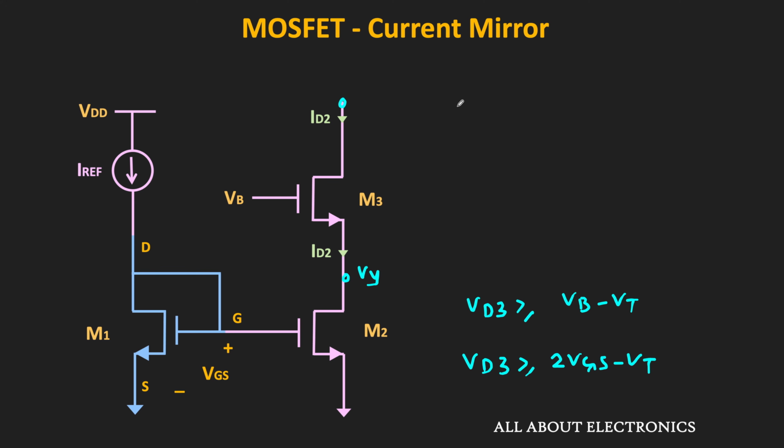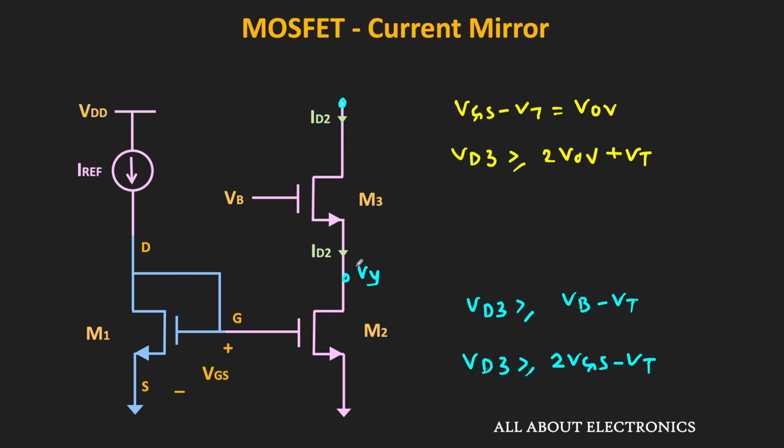Now if you are aware, then this VGS minus VT is equal to overdrive voltage. So in terms of the overdrive voltage, this voltage VD3 should be greater than or equal to 2 times this overdrive voltage plus VT. That means to keep the MOSFET M3 in the saturation, the drain voltage VD3 should be greater than or equal to 2 VGS minus VT. Now if the voltage at the drain terminal of this M3 is less than this 2 VGS minus VT, then the M3 will operate in the triode region.